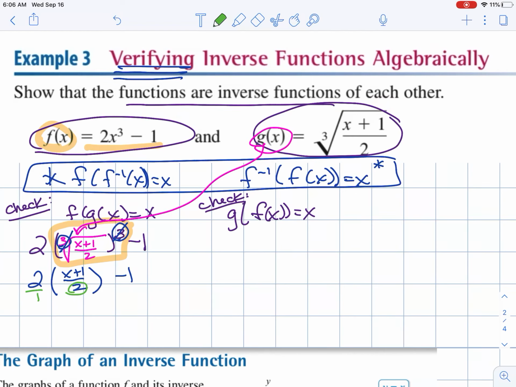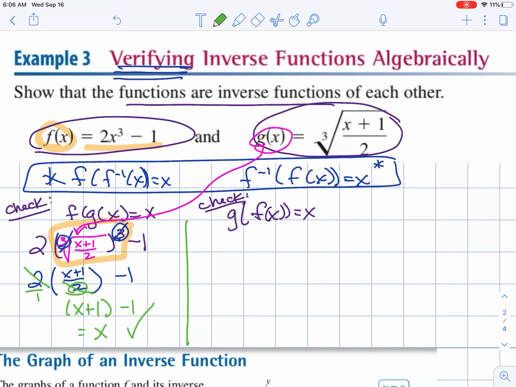Now I know this 2 and this 2 are going to cancel out to 1. So I'm left with x plus 1 minus 1. And we know x plus 1 minus 1 is just x. So in this case, it works. Okay? But we have to do both sides.